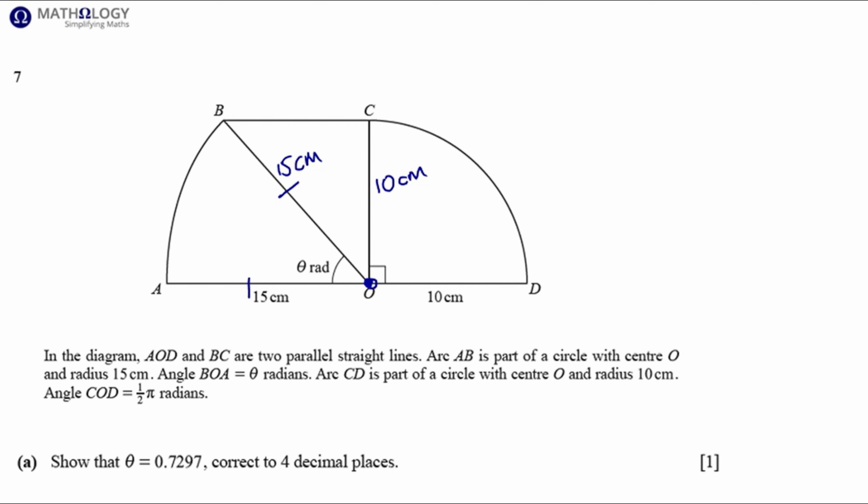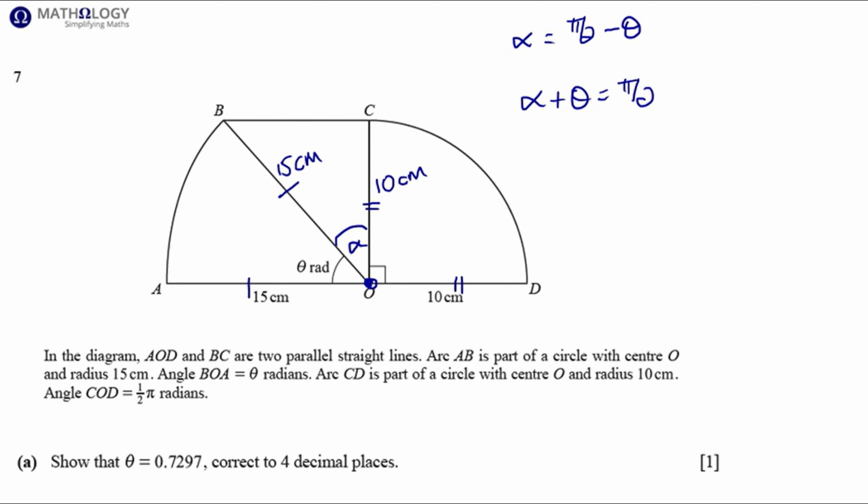OC equals OD, which is 10. Angle BOC we will call alpha. Alpha plus theta in degrees will be 90 degrees. But in radians, alpha plus theta will be pi by 2. So alpha will be pi by 2 minus theta.